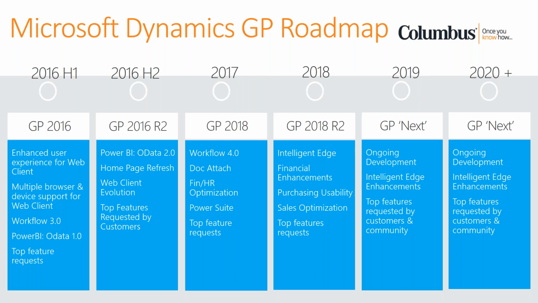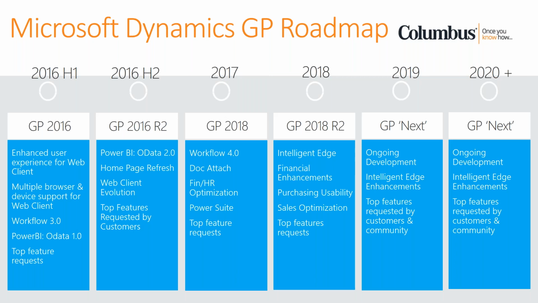So Microsoft, like most publishers, can't look out 5 or 10 years. That's too many lifetimes in the tech business, so they generally look out a couple. Right now we're the fourth pillar from the left, or third from the right, in GP 2018 R2, which shipped about 6 weeks ago, and that's what we're going to look at today.